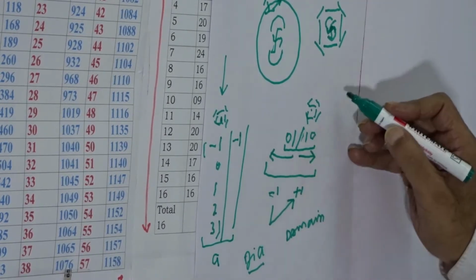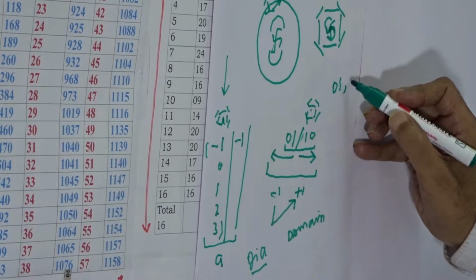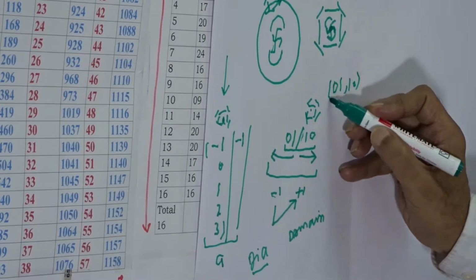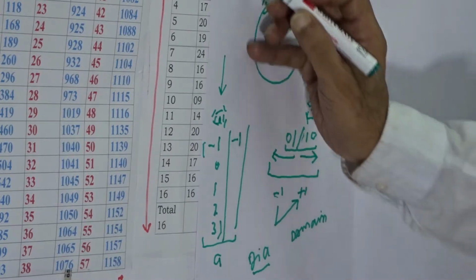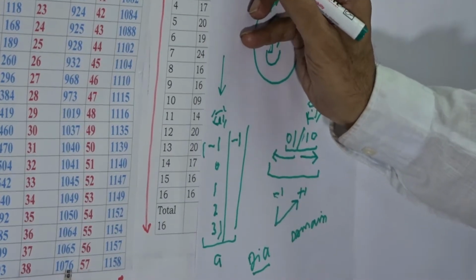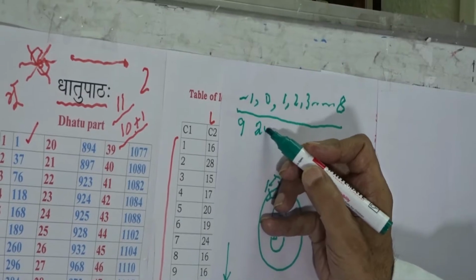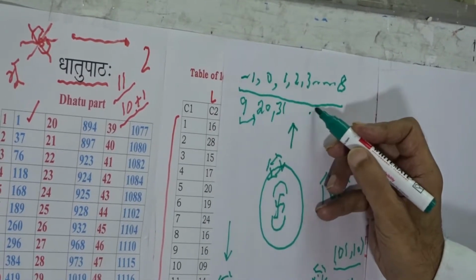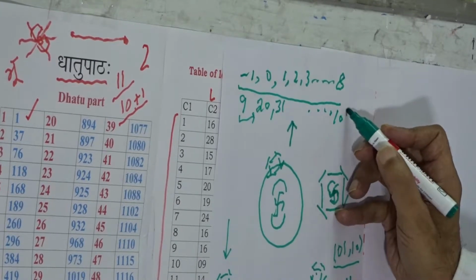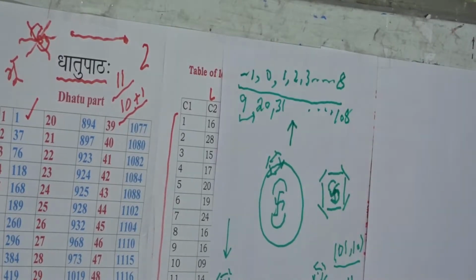This format 0, 1 and 1, 0 is of 11 value, and therefore, here the value is 9, then that becomes value 20 plus 11, so it becomes 31, and ultimately we reach at value 108.